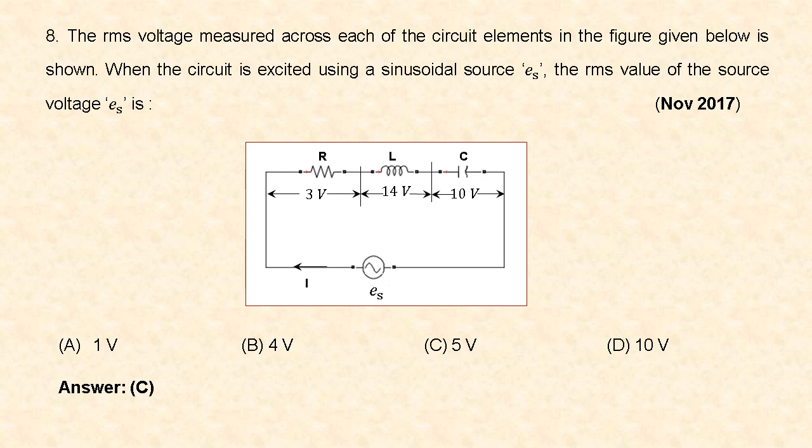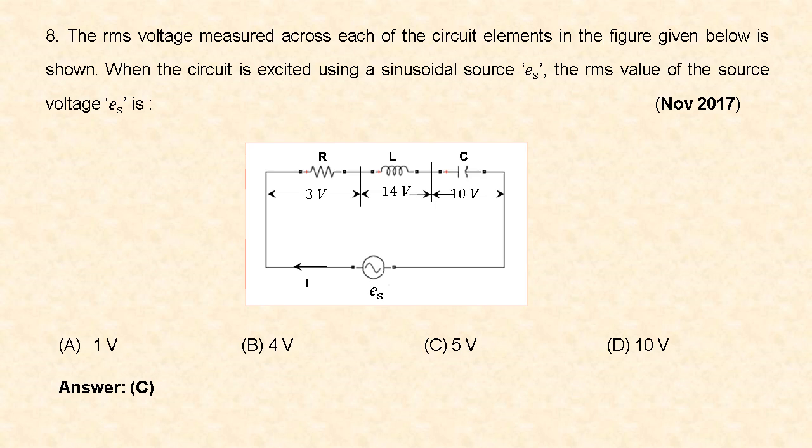Next question. The RMS voltage measured across each of the circuit elements in the figure given below is shown. When the circuit is excited using a sinusoidal source ES, the RMS value of the source voltage ES is? This question was asked in November 2017.